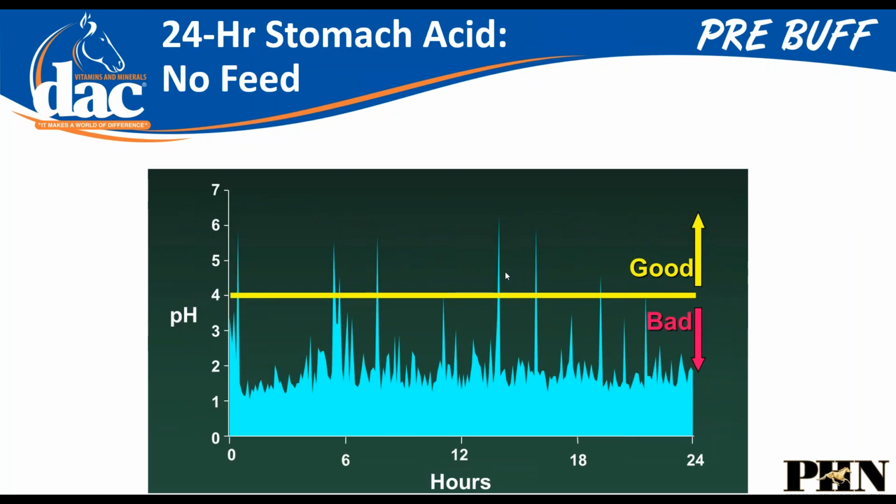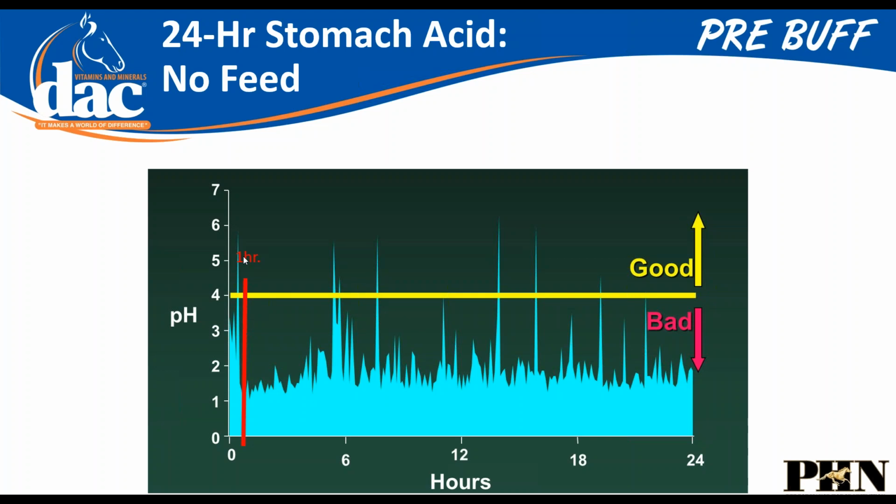But what happens if we take all the hay away and the grain and we just let them drink water, because we don't want to withhold water? You can see these spikes here, these 1, 2, 3, 4, 5 spikes above a pH of 4, that is when they were drinking water. But other than that, the pH was very low, and it took only 1 hour of feed deprivation. 1 hour.